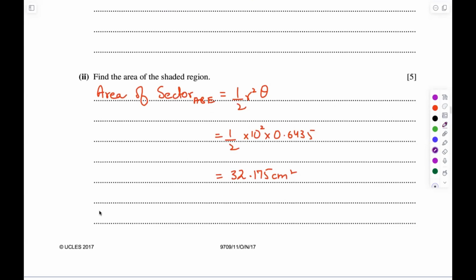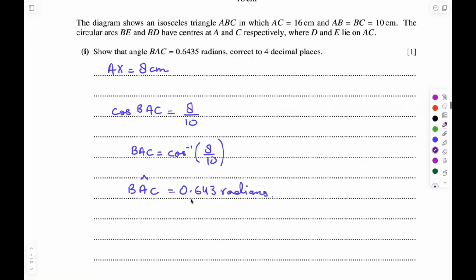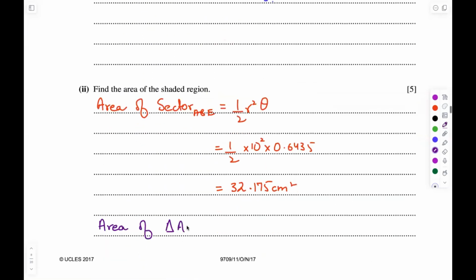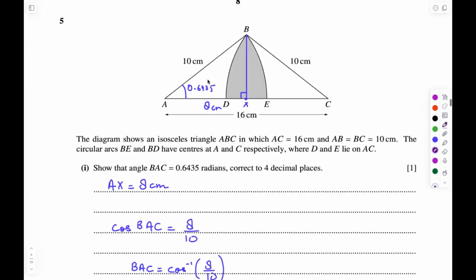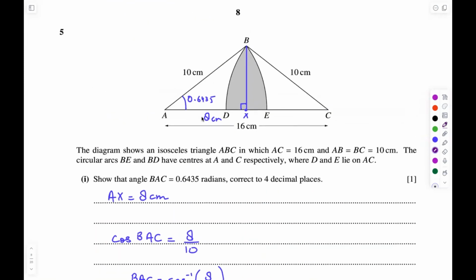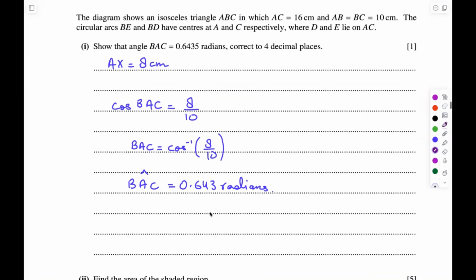Now in the next step, finding the area of the triangle. So we can use the formula half AB sine C. So area of triangle, we can call the triangle ABX. So the area of triangle ABX, we can use 1 upon 2 into AB sine of C. So the two lengths we'll take are 10 and 8, and the angle between them is 0.6435.